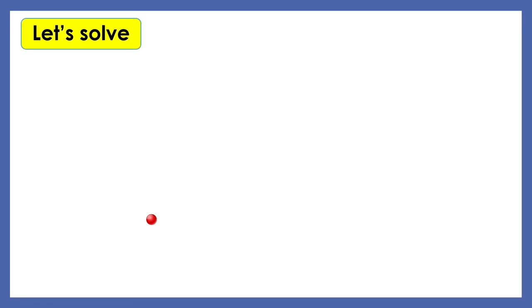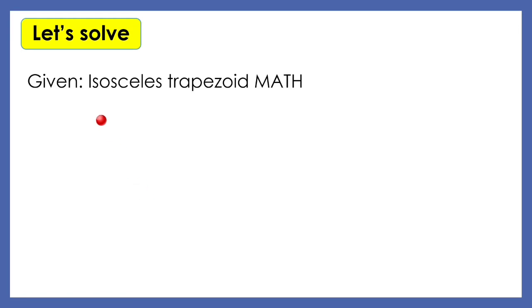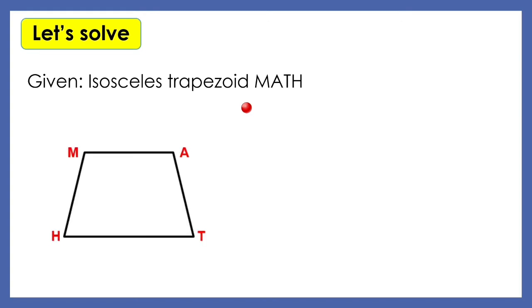Okay, let's solve. Our given is isosceles trapezoid MATH. So, we have here isosceles trapezoid MATH. Number 1, if angle H equals 85 degrees, what is the measure of angle T?